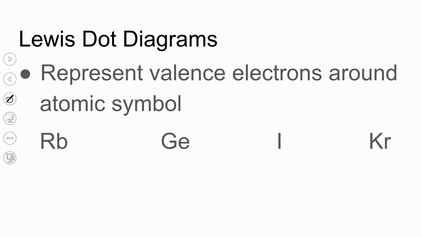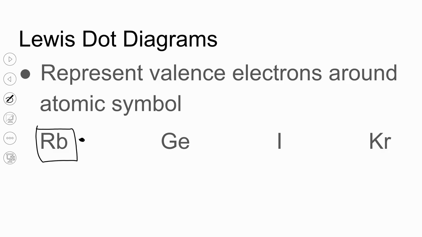I just write the element, and then somewhere around here I'm going to represent the valence electrons. Think of this like a box, and I can fit 2 electrons on each side of the box. So if I just have 1, I'm just going to pick one side. I'll draw it over here. So now this is a Lewis dot structure. Rubidium has 1 valence electron. This is going to help us predict bonding.